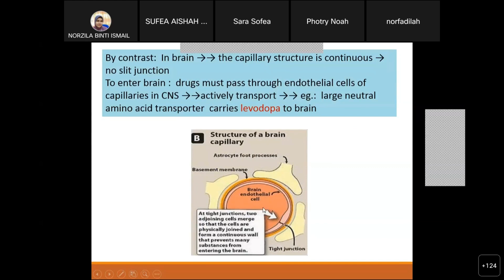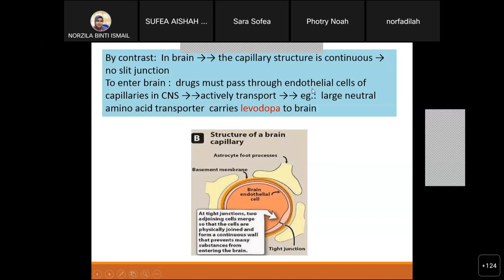Only drugs that have properties like lipophilicity can enter the membrane of the endothelial cells. They can cross the membrane, so only certain drugs can enter the vessels in the brain. In the brain, the capillary structure is continuous, with no slit junction.